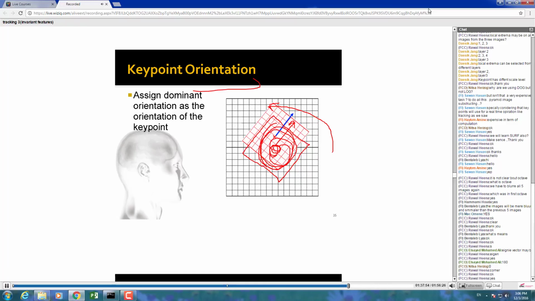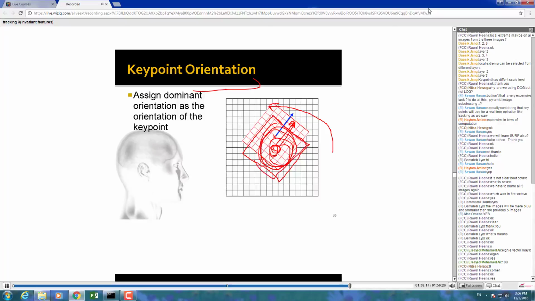So for example, the orientation of this key point is 45 degrees. By the way, if we rotate the whole image by 45, then the angle of orientation of the key point becomes 90 degrees.